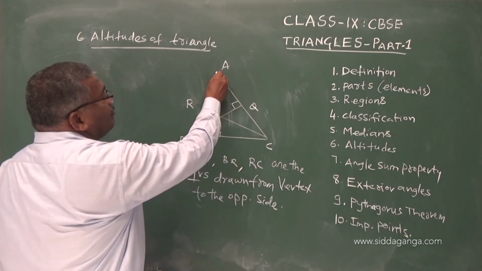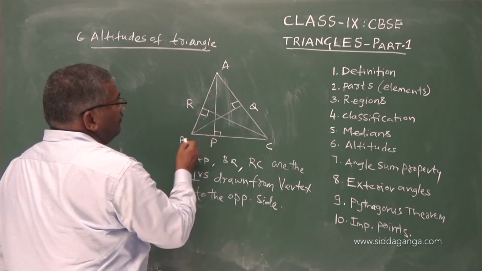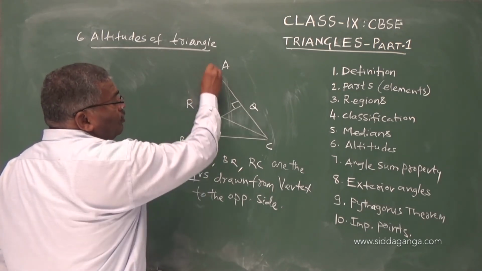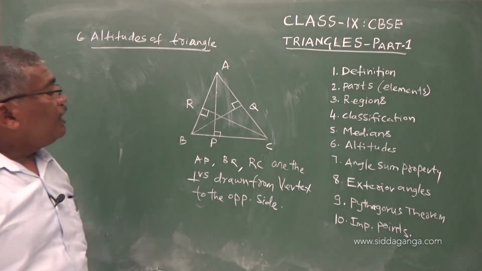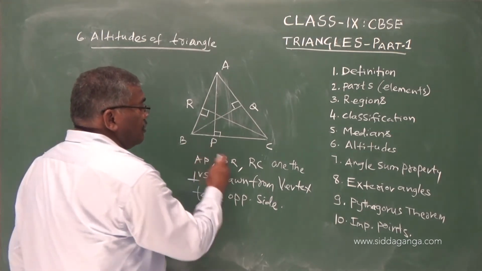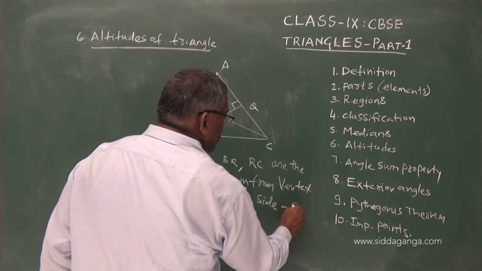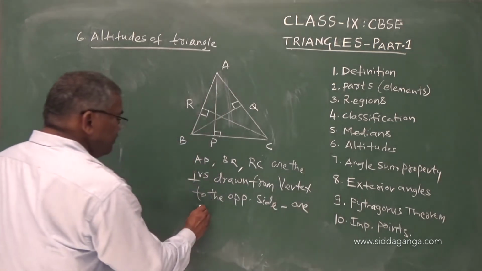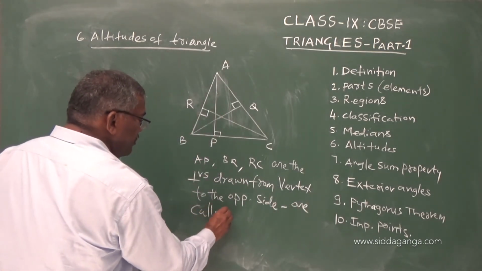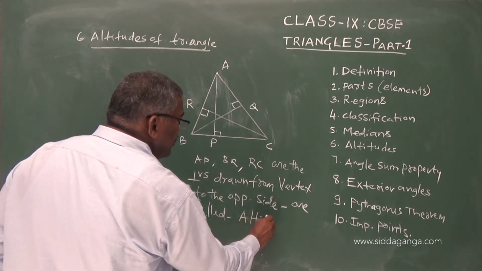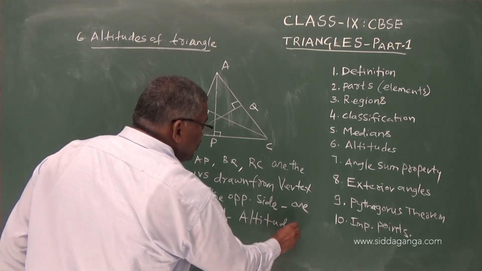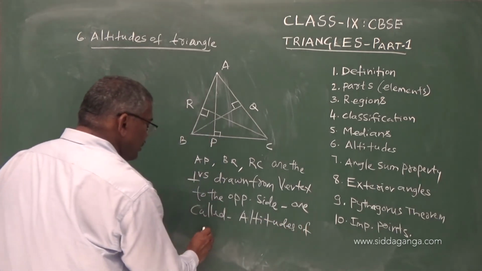So from A a perpendicular is drawn to BC, from B a perpendicular is drawn to AC, and from C a perpendicular is drawn to AB. These are called altitudes of a triangle.